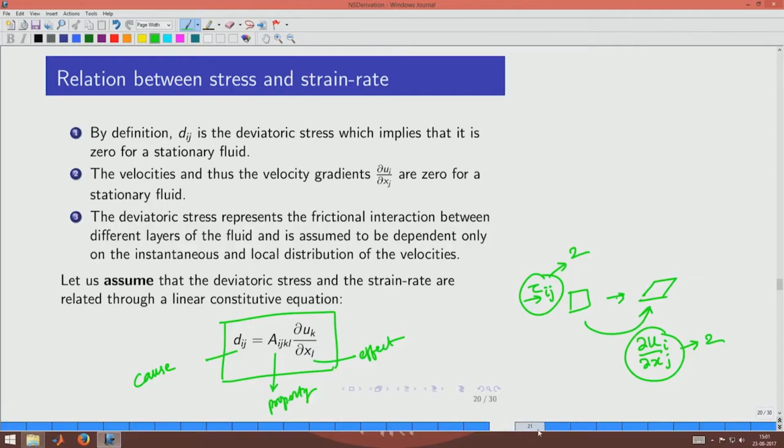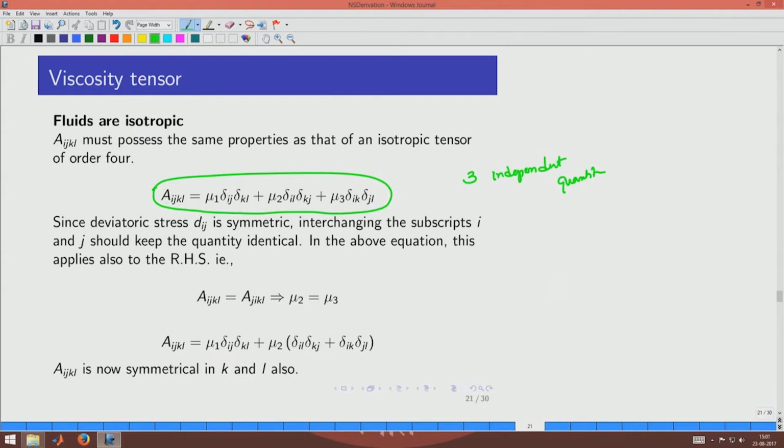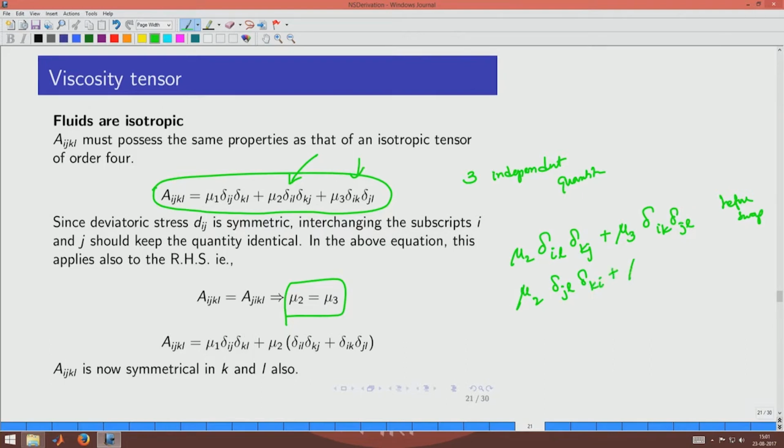Which means that if you swap the indices for this quantity and change i to j and j to i, then the quantity should not change, and that is only possible when mu2 is equal to mu3. Okay. So, before the swap we have mu2 delta IL delta Kj plus mu3 delta Ik delta JL, and after swapping the indices i and j, we see that it is delta JL delta Ki plus mu3 delta Jk delta IL.